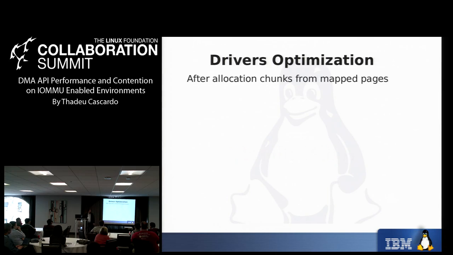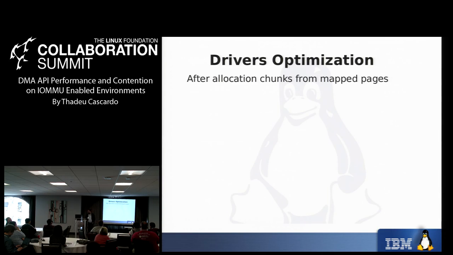So we did some driver optimization, and what we did was map the whole pages, using the chunk allocator that the driver already had. We mapped the whole pages, and we just had to solve the problem of when to unmap those pages. That was the only problem we had to solve.